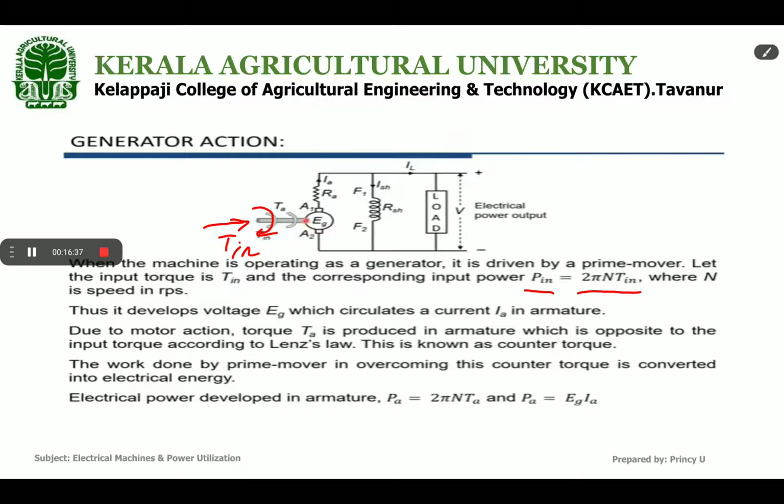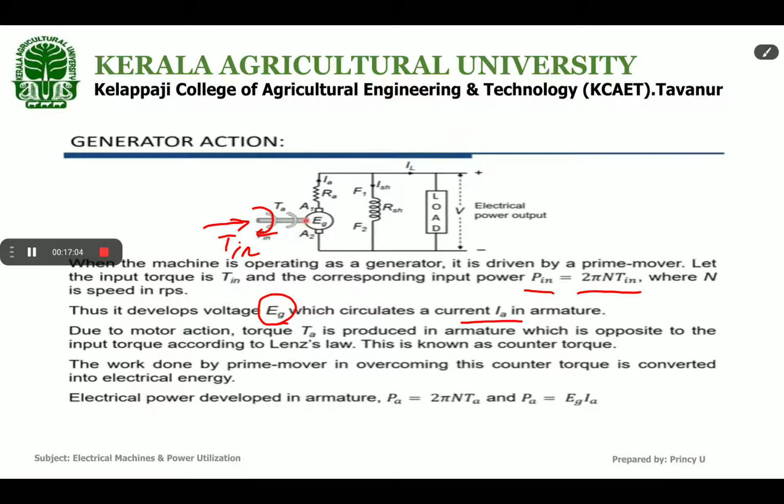When the prime mover gives rotation, the armature starts rotating and the armature winding cuts the magnetic flux and induces an EMF in the armature winding. The induced EMF is EG, and it circulates a current through this armature winding, that is armature current IA. This winding is a closed circuit, so armature current will be produced in the armature winding.